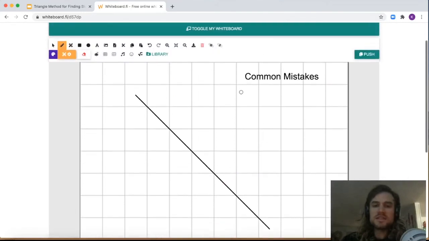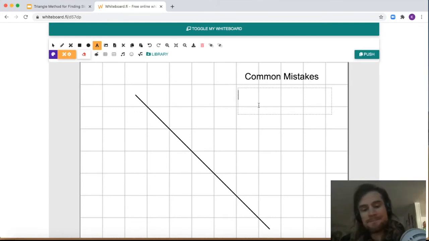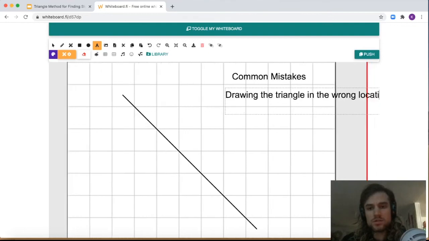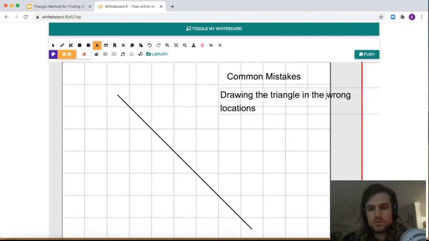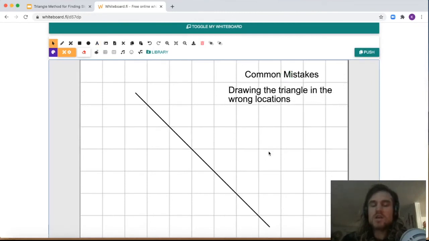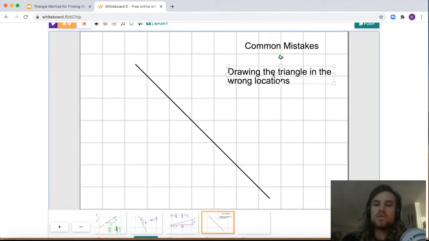Okay, so let's talk common mistakes here that I often see. Here's a common mistake. One thing would be drawing the triangle in the wrong location. Let's make sure that's organized. Drawing the triangle in the wrong locations, right?